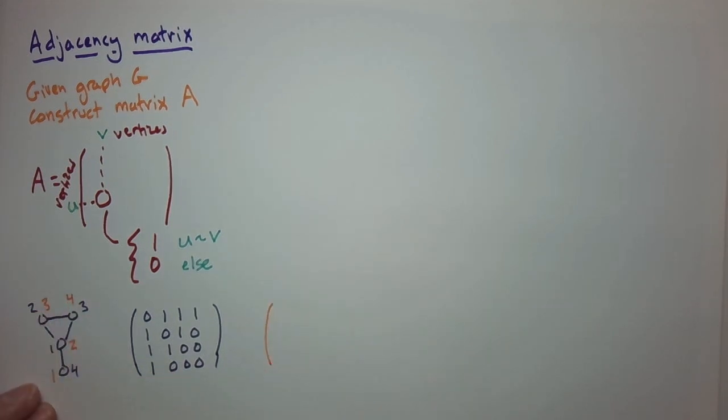In that case, 1 is only adjacent to 2. 2 is adjacent to everything but not itself. 3 is adjacent to 2 and to 4. And 4 is adjacent to 2 and 3. And so you'd end up with that.